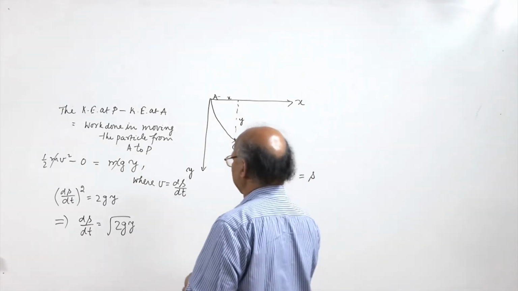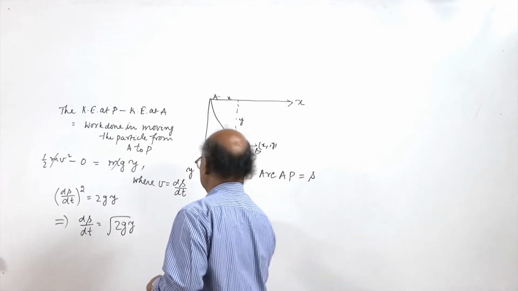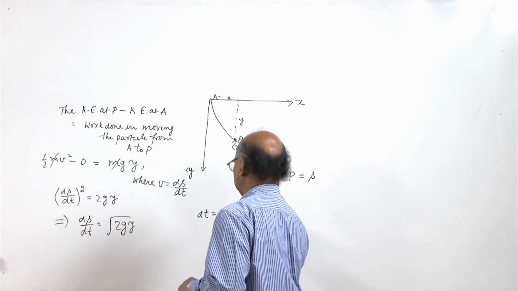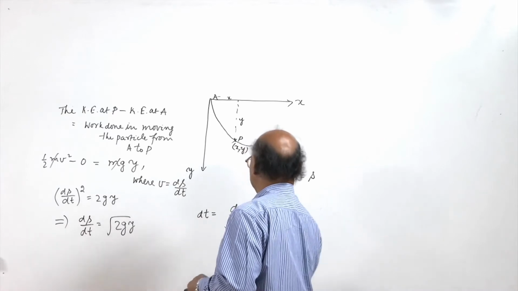Now let us separate the variables. So we have dt equal to ds upon under root 2gy.